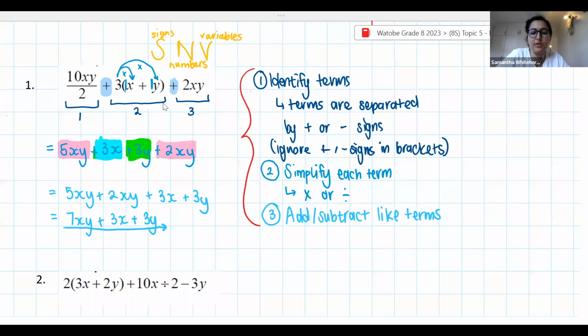Again, grade 8s, remember to identify your terms, simplify your terms, so multiply and divide where you need to, and then only do you look for your like terms.